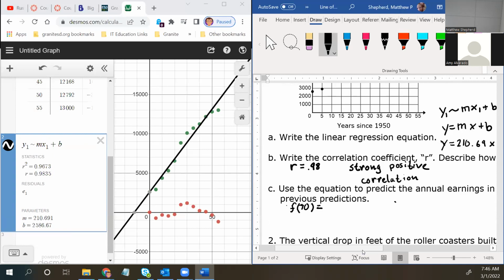And now I'm going to take that equation that we had above. 210.69, and I'm just going to replace the x with a 70. Then we had plus b, which was 2,586.67.